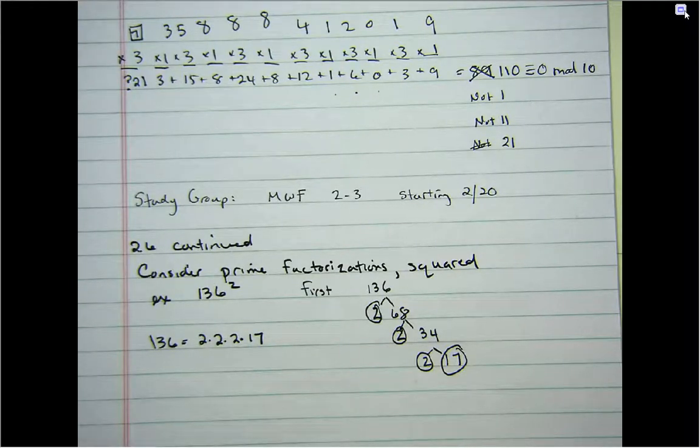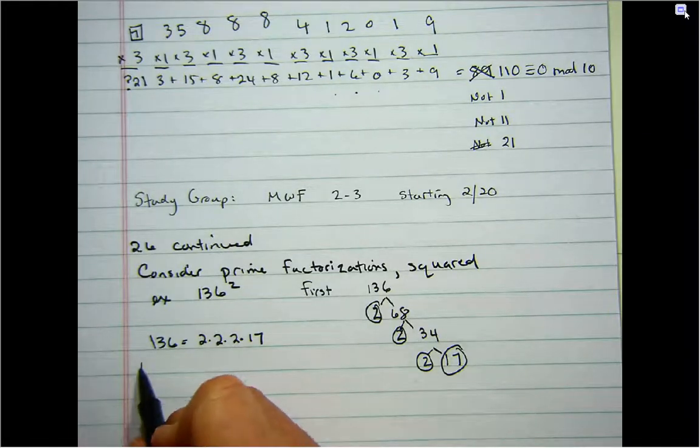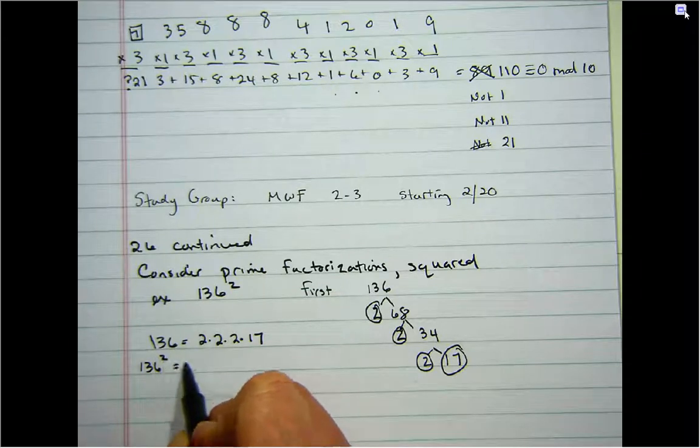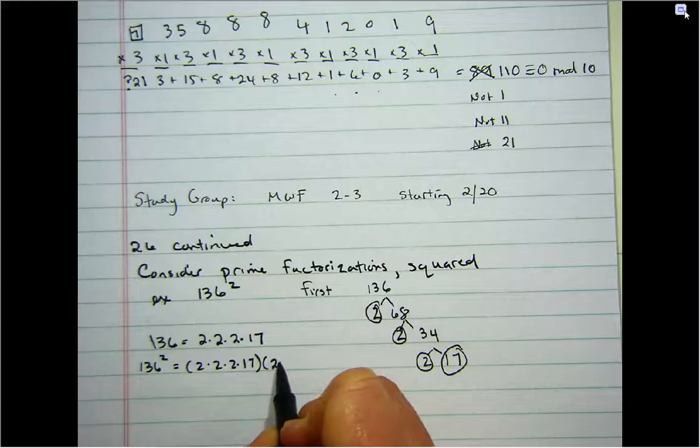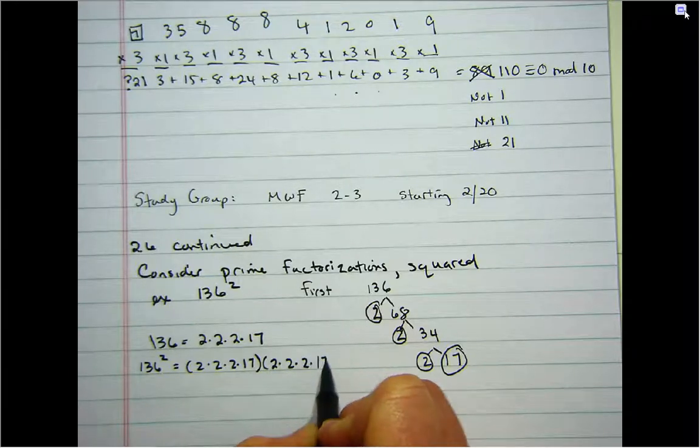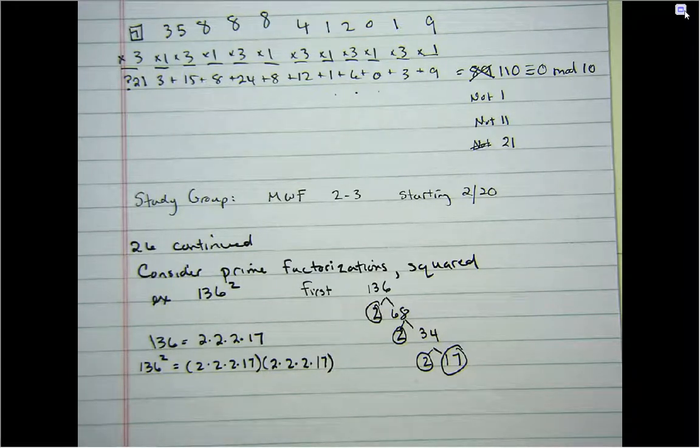Well, that means the prime factorization of 136 squared is just the 2 times 2 times 2 times 17 times itself. I just separated that product with parentheses, but of course you could just write 2 times 2 times 2 times 2 times 2 times 2 and then 17 times 17 if you wanted.